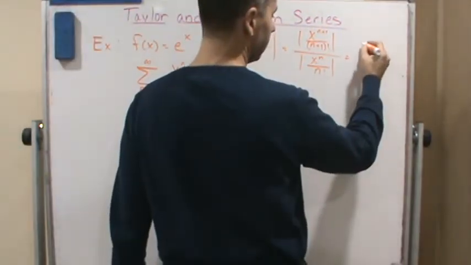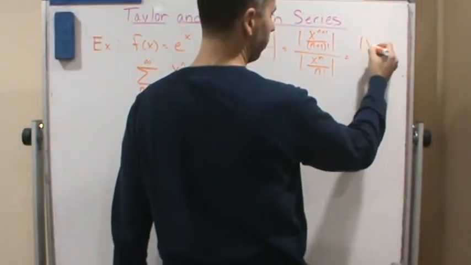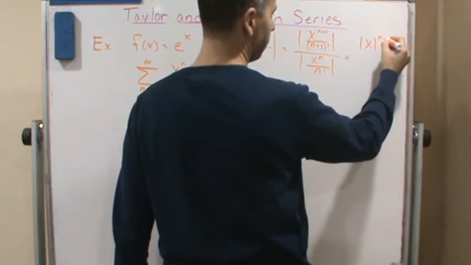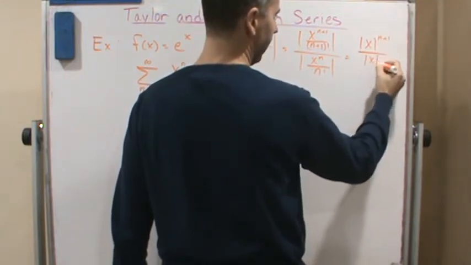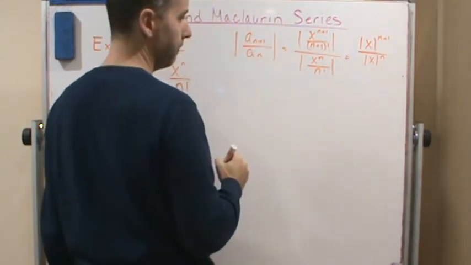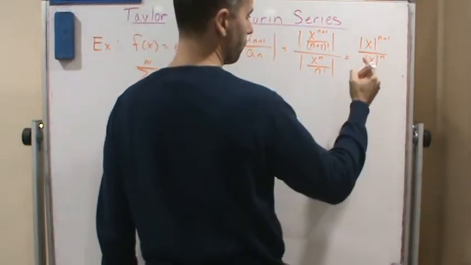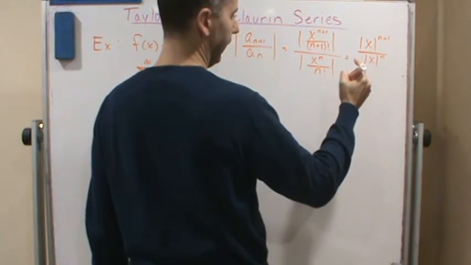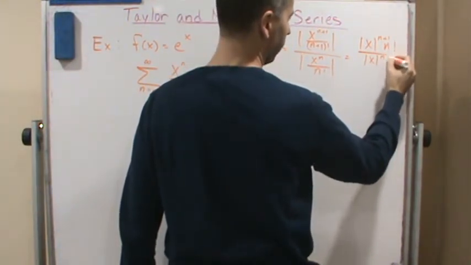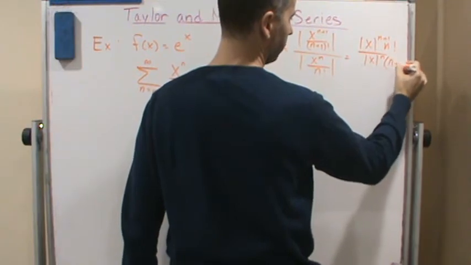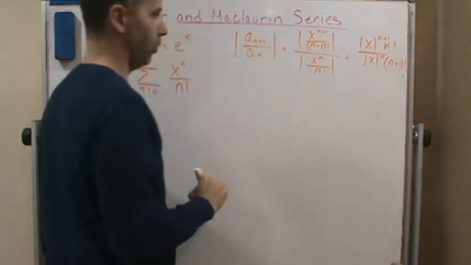you're going to get the absolute value of x to the n plus 1 over the absolute value of x to the n, and we're going to get n factorial over n plus 1 factorial.